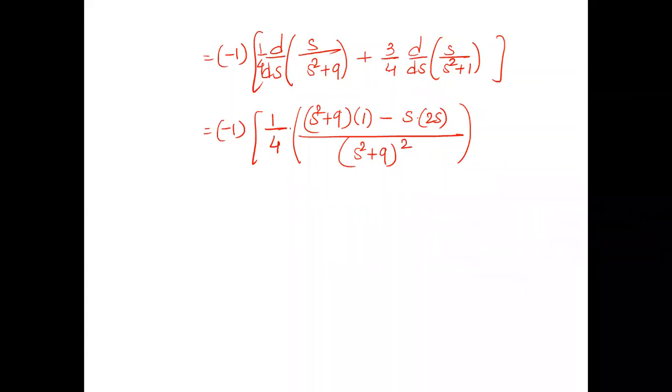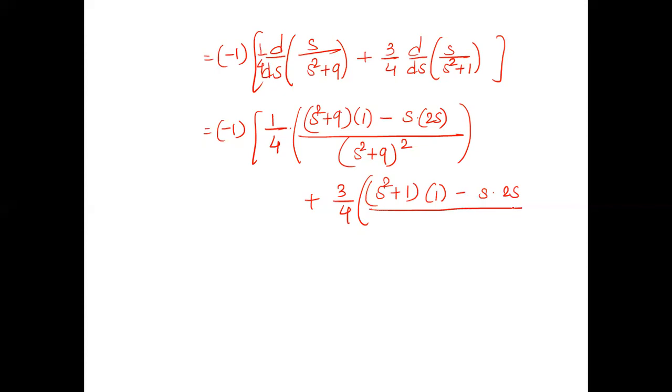Okay, first term done, plus 3 by 4 into derivative of this u by v. What is that? s square plus 1 into 1 minus s into 2s, upon s square plus 1 bracket square. U by v rule once again.